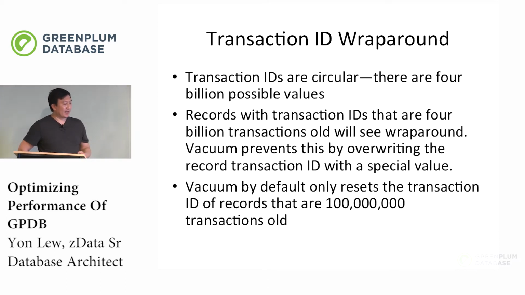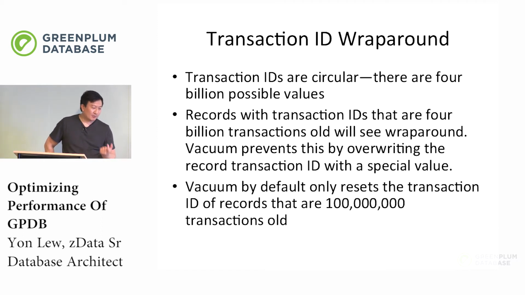After 4 billion transactions, records with transaction IDs that are older than 4 billion transactions old are going to look to the database like they're from a future transaction rather than one in the past. And at that point, they're not readable, and essentially they're lost to the database.